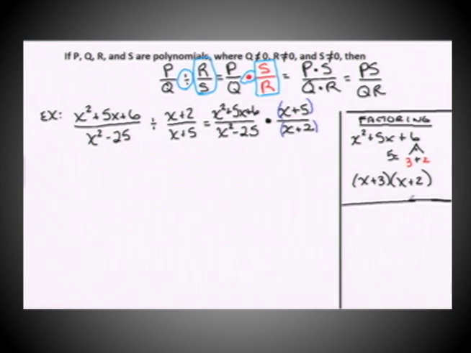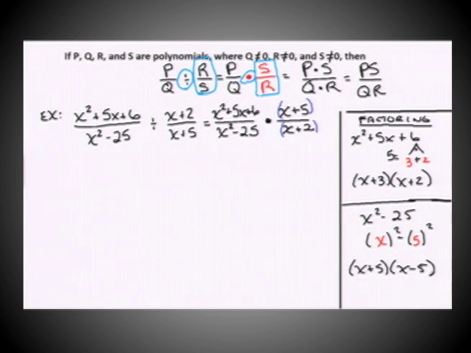And we can also factor the denominator of that first rational expression, which is x squared minus 25. This is a difference of squares. Remember, we can verify that this is a difference of squares by saying what can we square, what can we multiply by itself to make x squared, and that's x. What can we multiply by itself to make 25? That's 5. So since we verified that this is a difference of squares, it factors as x plus 5 times x minus 5.